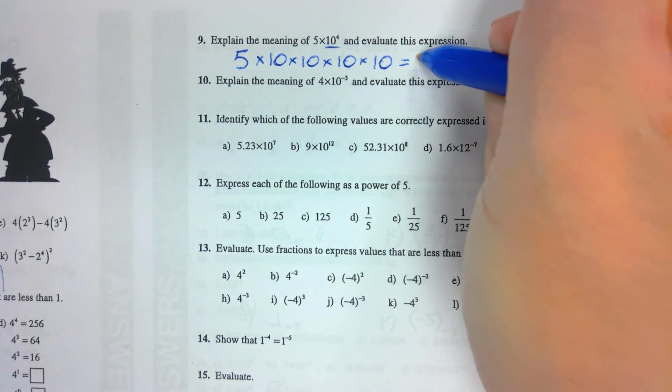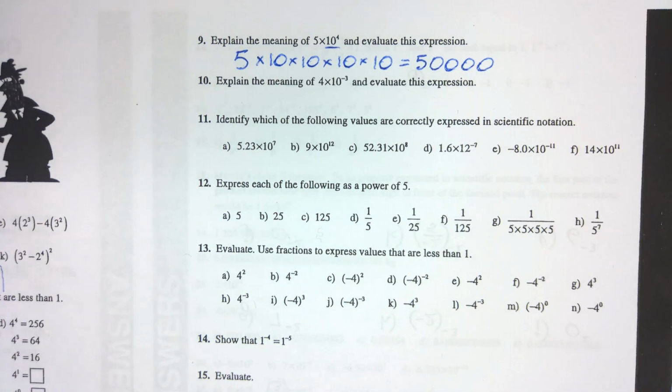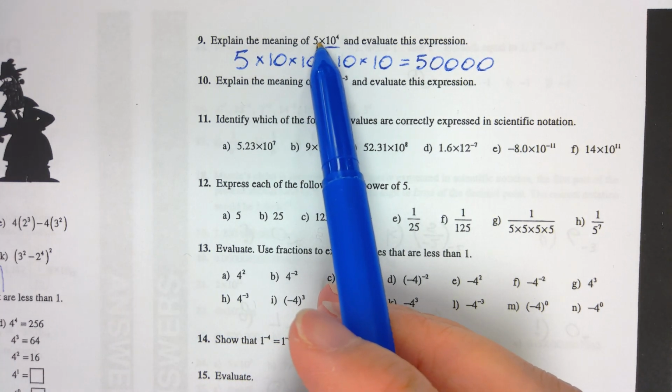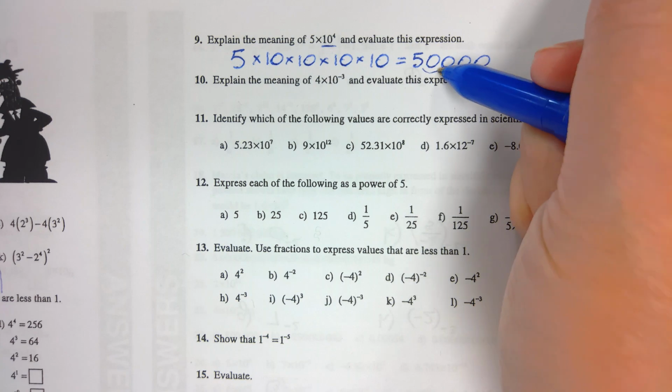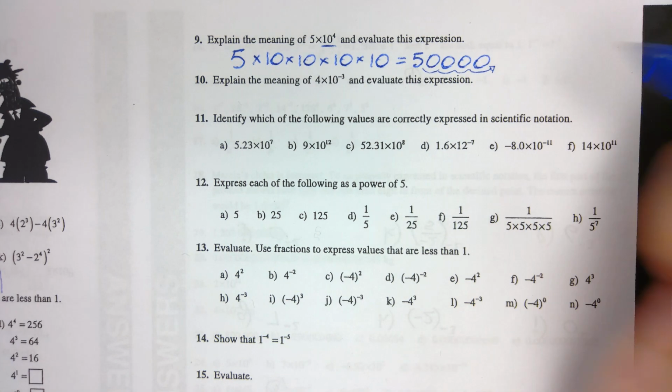So my answer is 50,000. The short way to do this is my decimal is after the 5. So times 10 to the 4 means I'm going to move my decimal place 1, 2, 3, 4 places over to the end here.